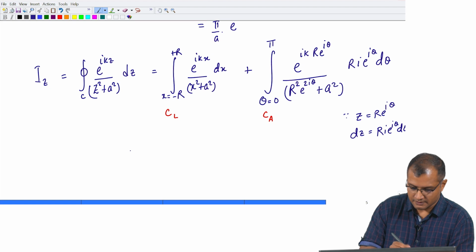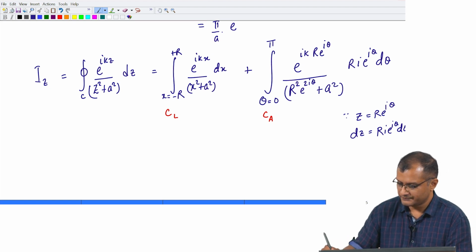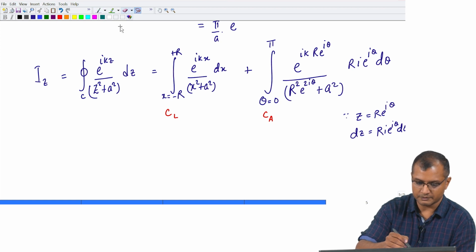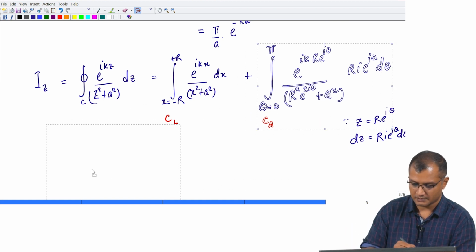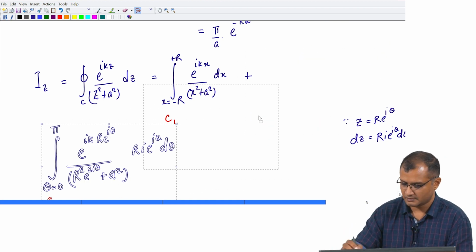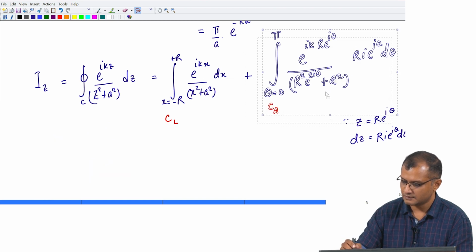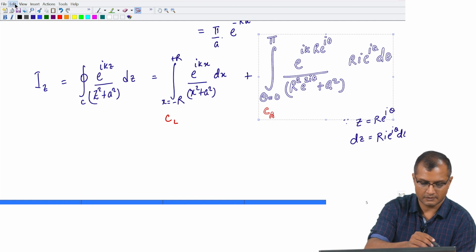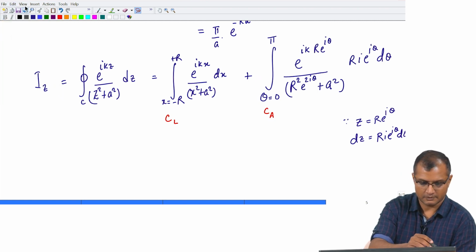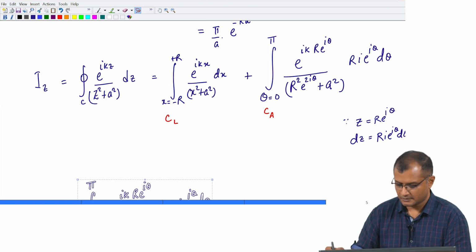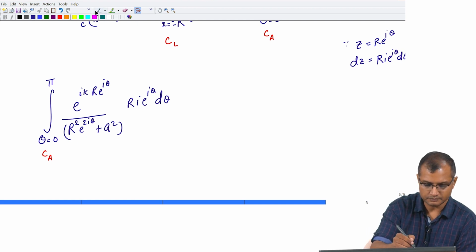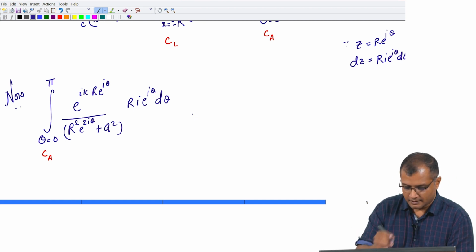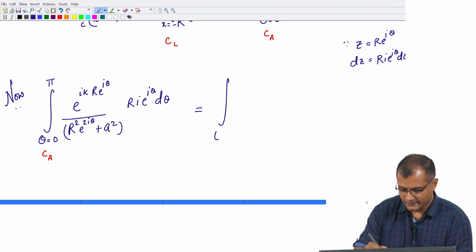So, now you can see that this contour integral, if I am going to just consider this one, it can be written as theta going from 0 to pi.